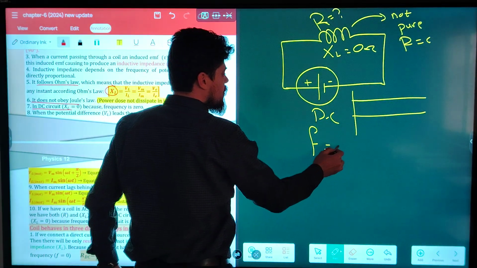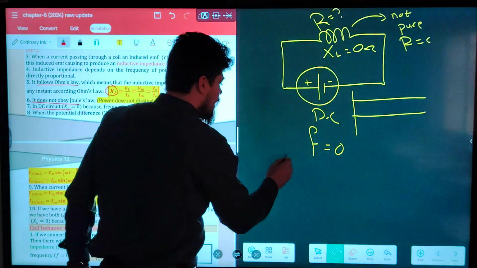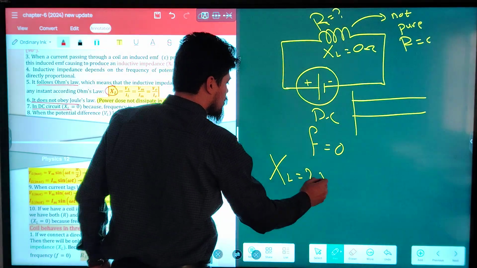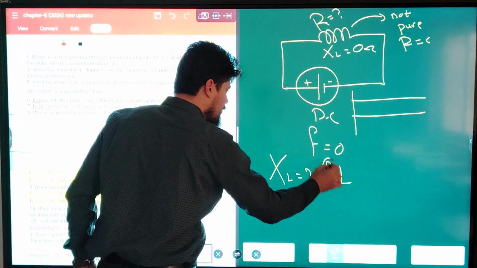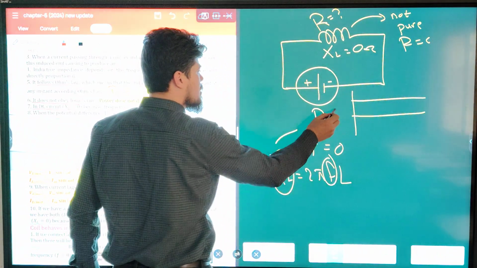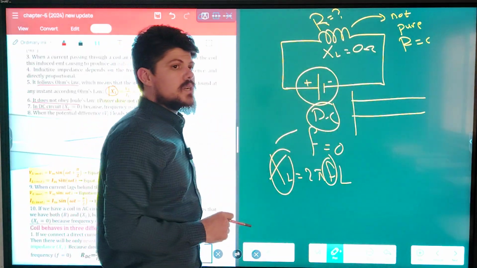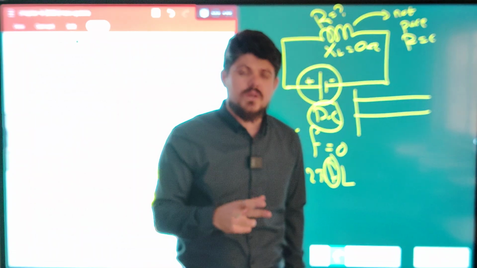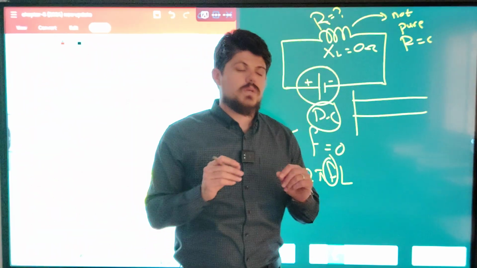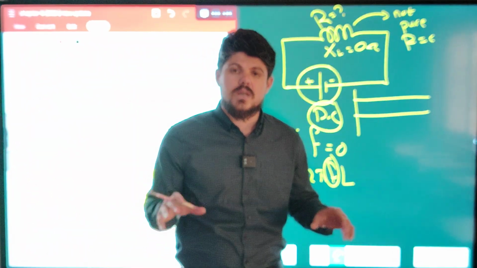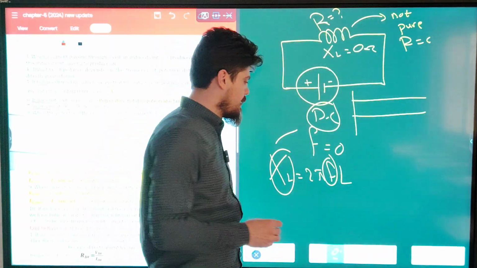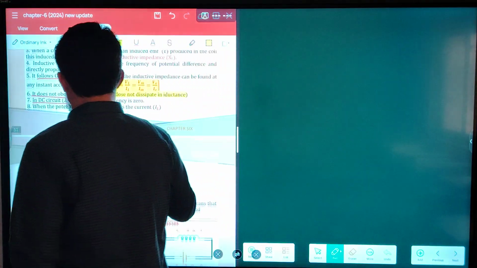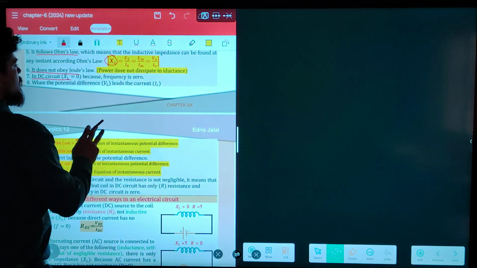No. In a DC source, frequency is equal to what? 0. XL is not equal to 2 pi FL. When frequency is 0, XL also is what? 0. In a DC circuit, with a coil that is not pure, we don't have inductive impedance XL. We only have resistance, because frequency is 0.